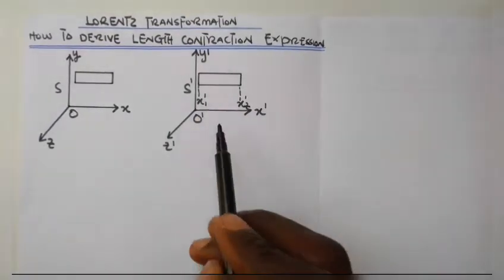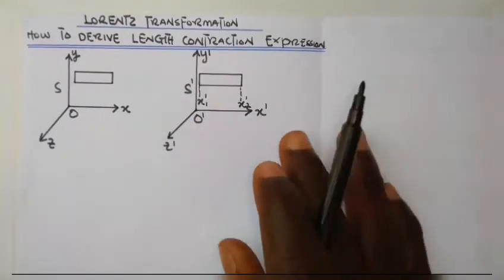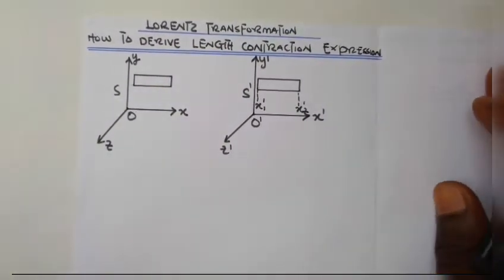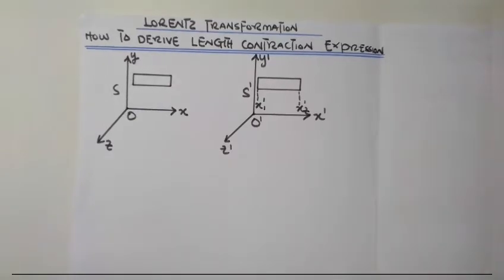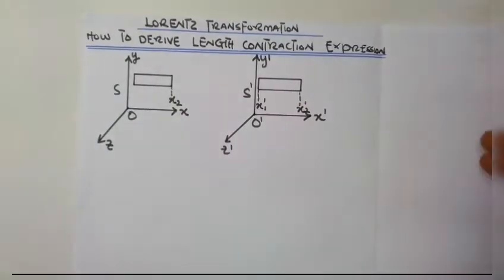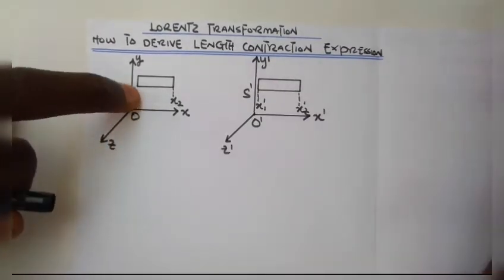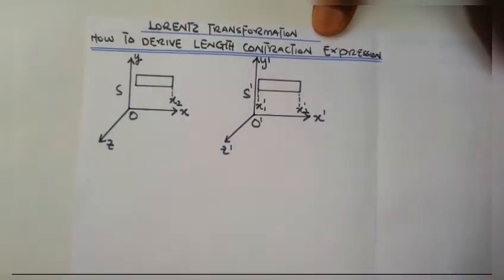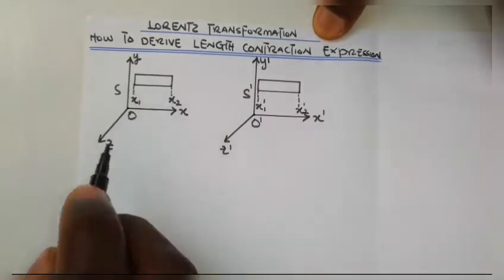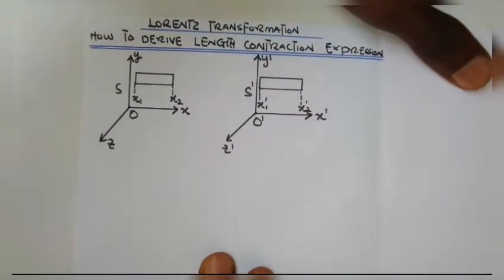Now that is for the moving frame. If you talk about the stationary frame, how is it going to be called? This is just going to be called x2, and this particular side is just going to be called x1.